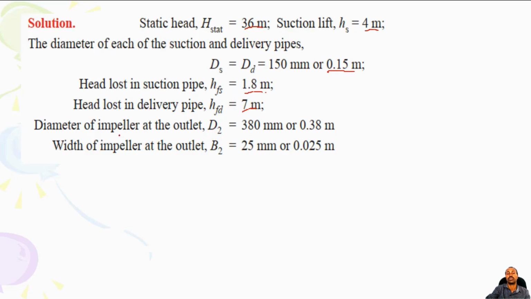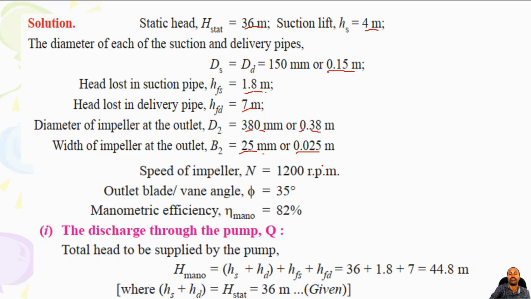So the diameter of impeller at outlet, D2, is 380 millimeter, then 0.38 meter, and width of impeller at outlet, B2, is 25 millimeter, converted to meter, 0.025. Now, the speed of the impeller is also given, and the outlet blade angle is given.